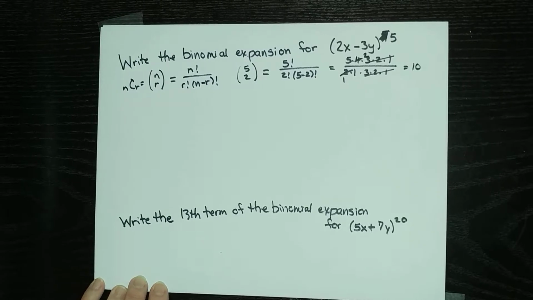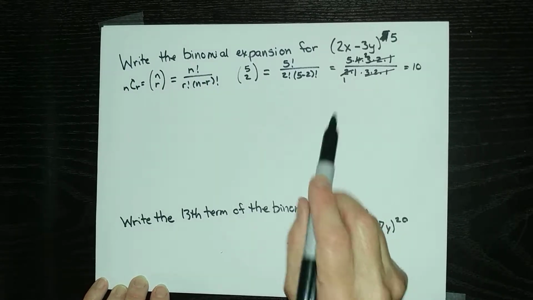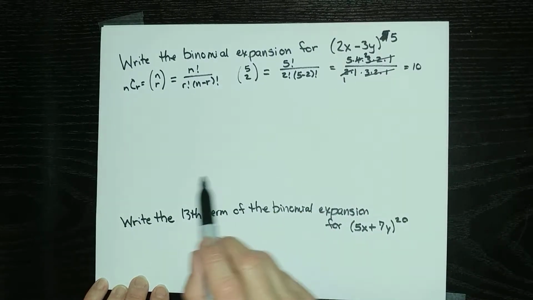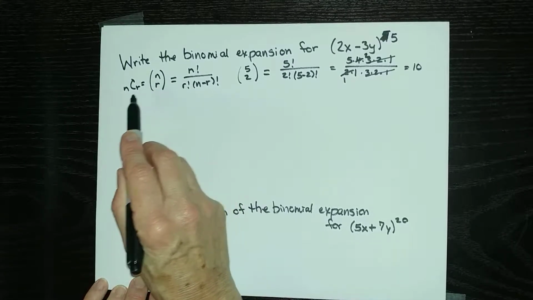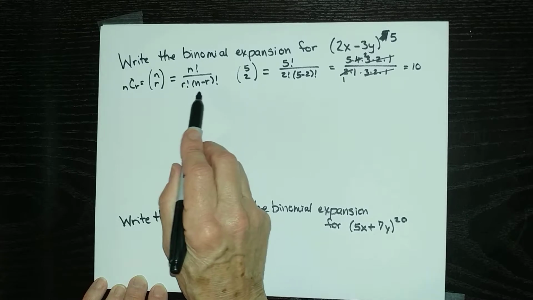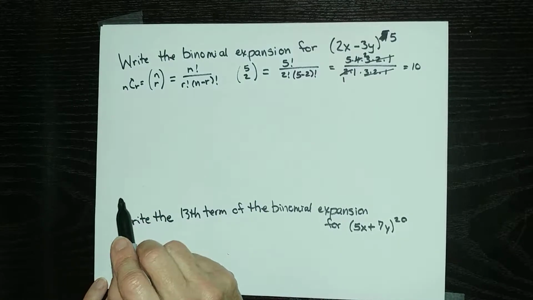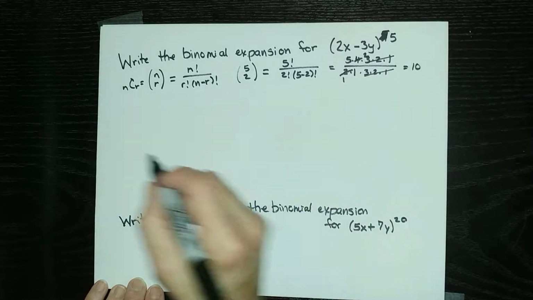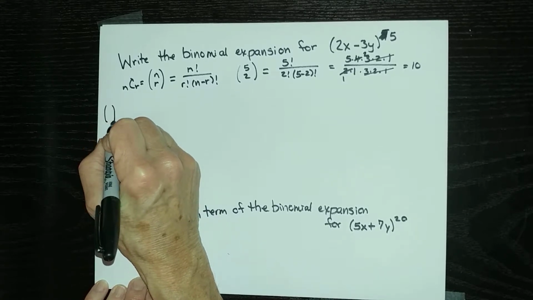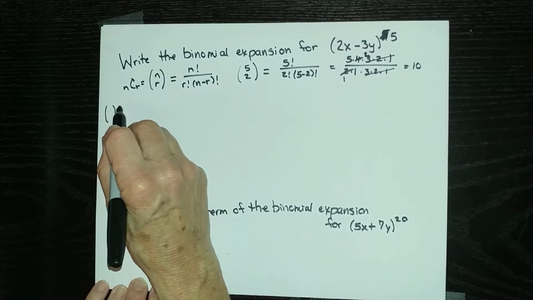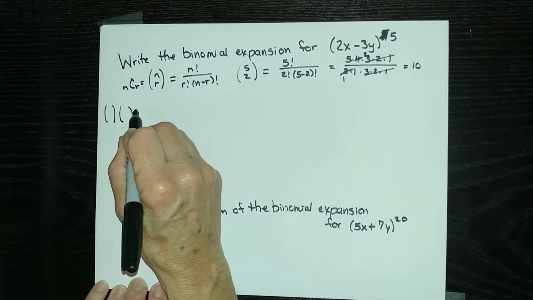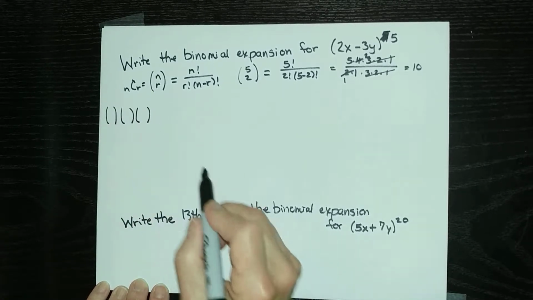So each term of this expansion will have a coefficient in the front, and you'll see me write numbers in this. What this means is n choose r, and that's how it's going to be defined. The first term is going to be a coefficient, n choose r, and then the first term raised to a power times the second term raised to a power.